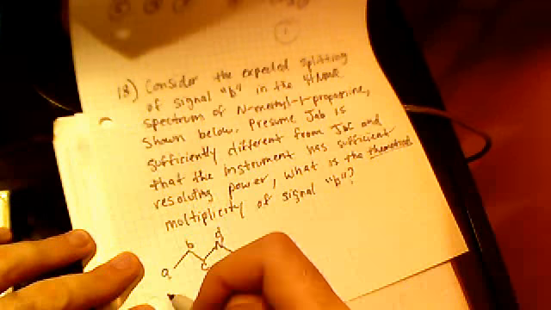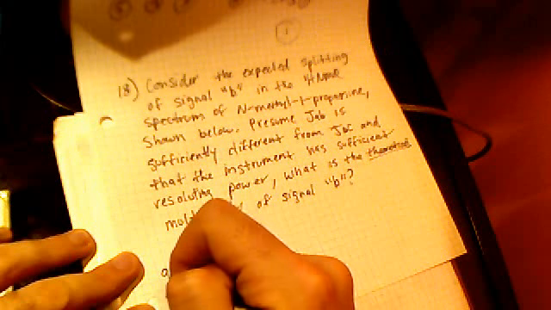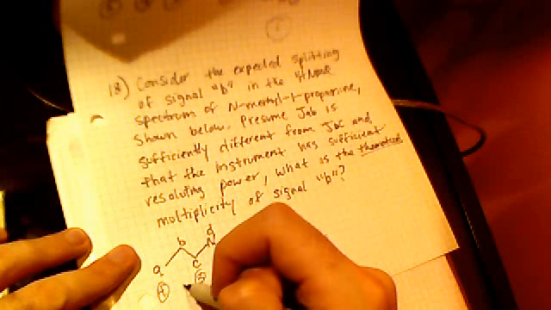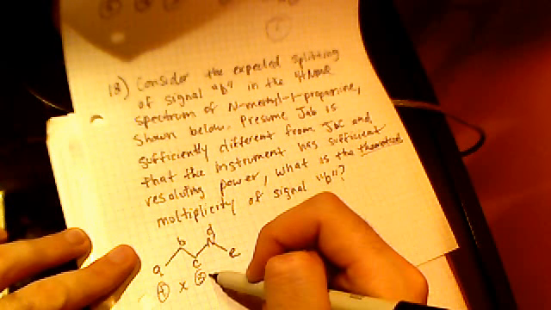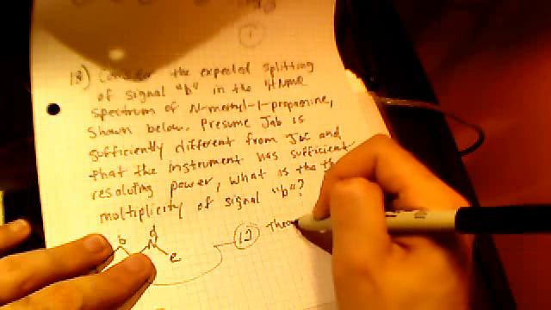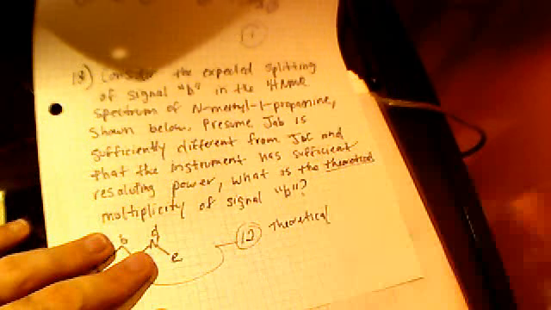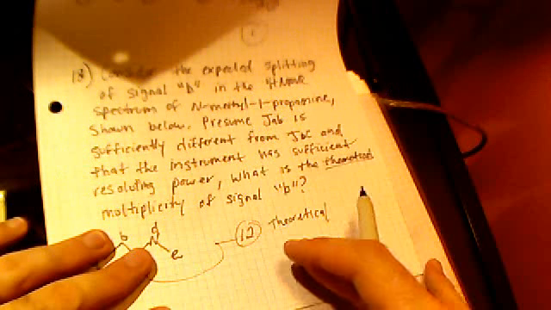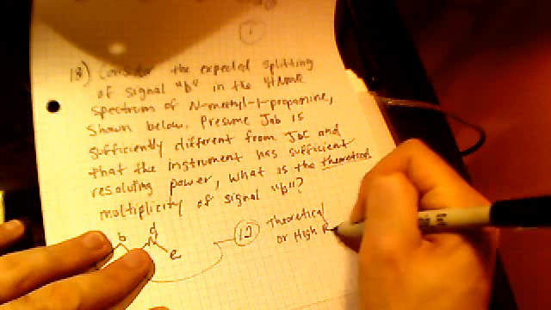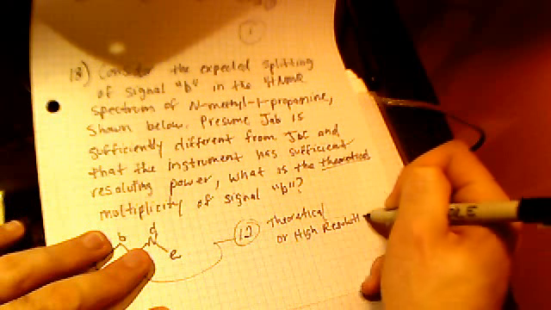So this gives a quartet of 4, and this gives a triplet of 3. You multiply them together, and you should get 12 signals. Okay, that's the theoretical, if you're using high resolution that can see that.